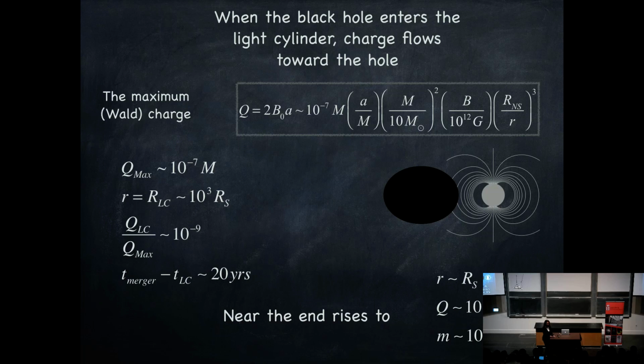So the interesting question is, is that stable, or will it continue to flux? And what we were able to show was that even though it hits this maximum charge, it doesn't just go quiescent, because the field lines are so complicated around it that it continues to put charges on stable orbits, but orbits. So you have positive and negative charges in this fluxing area around it, which can be radiating.